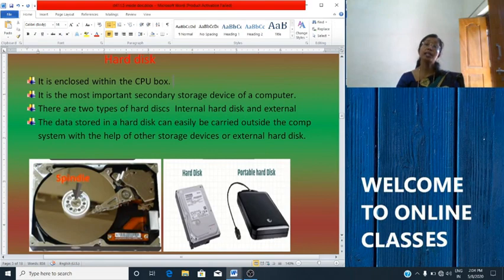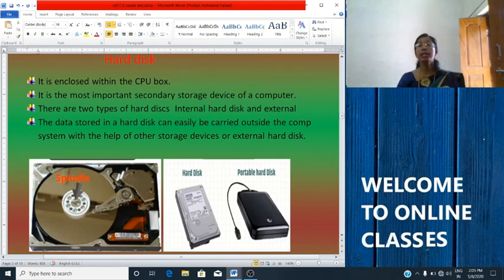The internal hard disk is fixed inside the CPU, and an external hard disk can be attached externally to a computer to store additional data or to take a backup.